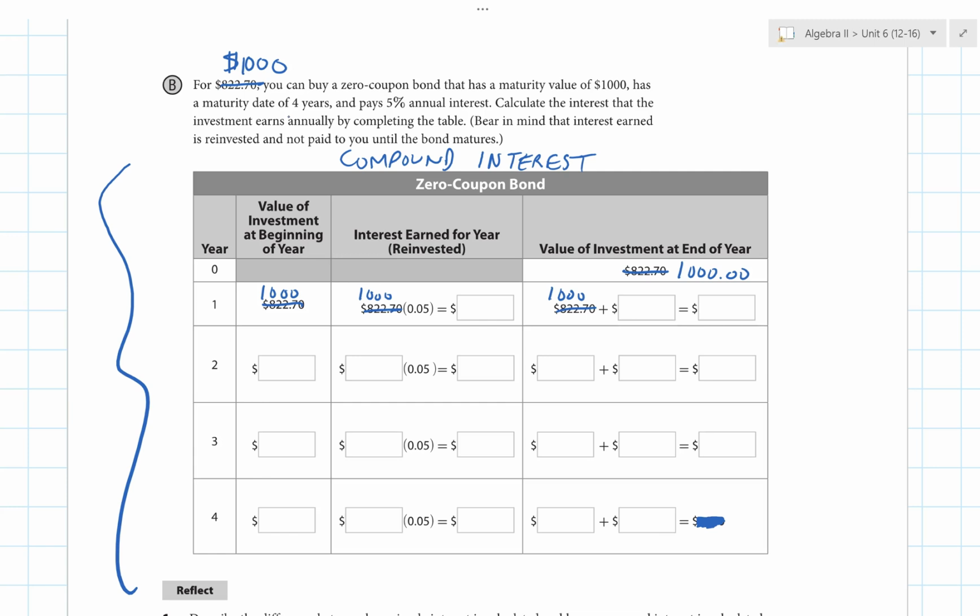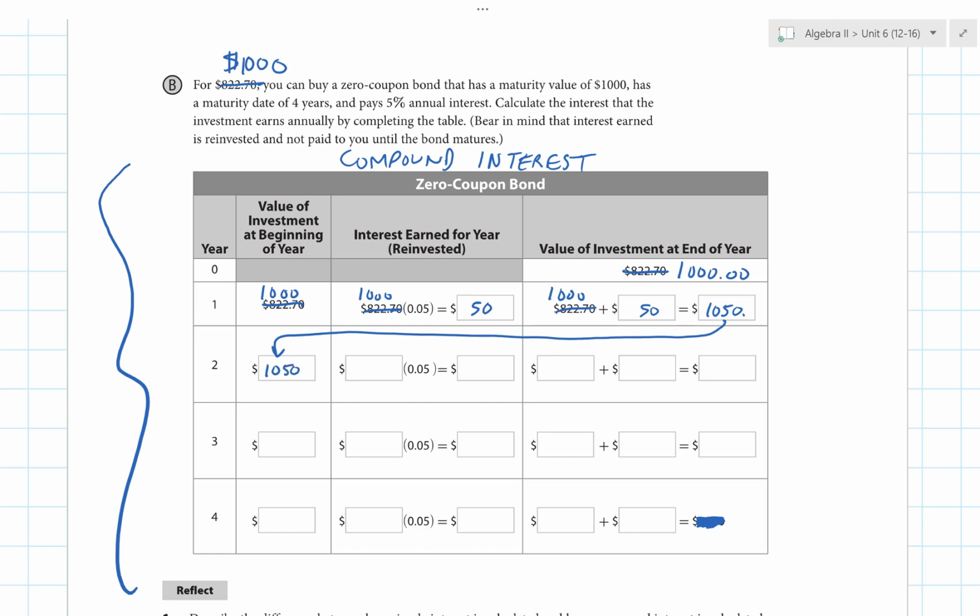And so during the first year, we'd earn $50 in interest, and then we're going to add that into the account. And so now, by the end of the year, we have $1,050 in the account earning interest. And so then, at the start of the next year, that's the amount that we're going to start with.